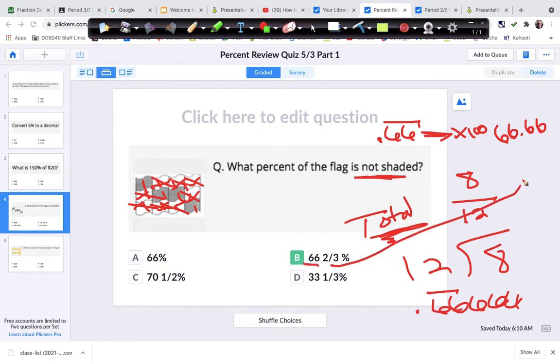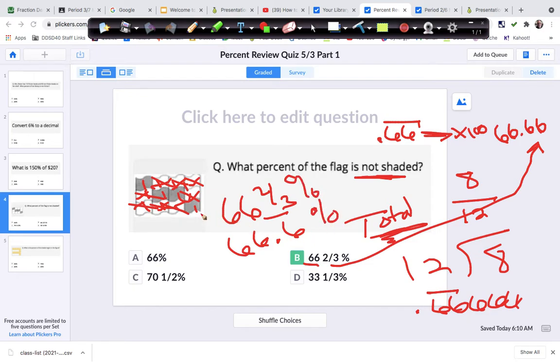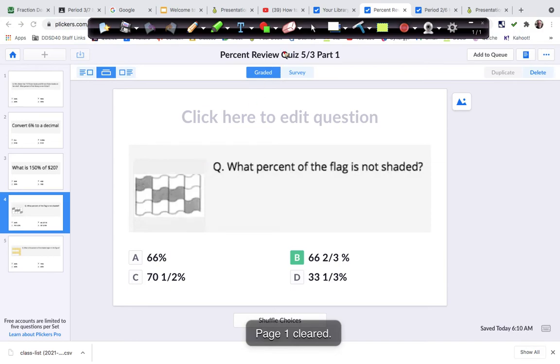This is this part right here, the 2/3. Do 2 divided by 3 on a calculator. You're going to get the same thing, 0.6 repeating. So this is 66 and 2/3, which is the same as 66.6 repeating percent. That's a good one to memorize. And it's kind of fun to say, 66 and 2/3%. Go ahead and say it out loud.